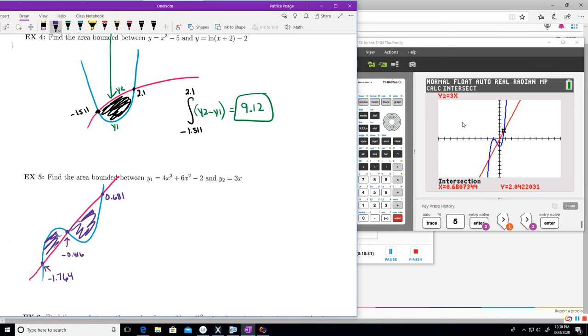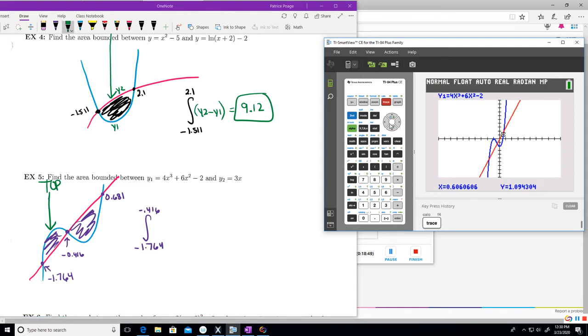All right. So for that first part, I'm going to be integrating from negative 1.764 to negative 0.416. And for that part, my top one is going to be the blue one. And we can look right here where mine is, but let's just do trace, so you can kind of follow it and say, oh, look, that one is y1.